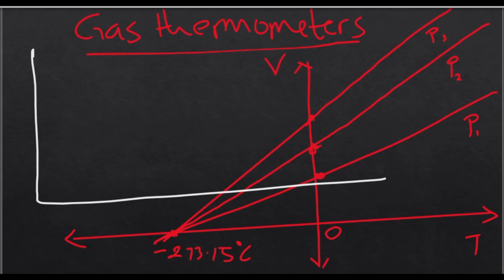So imagine we shift this axis, the V axis, to the left. We shift it all the way to the left until we get to negative 273. To shift it 1 degree to the left would mean we add 1 degree to every point on the horizontal axis. So if we add 1 to 0, 0 becomes 1, and then negative 1 becomes 0. If we add 5, 0 becomes 5, and negative 5 becomes 0.